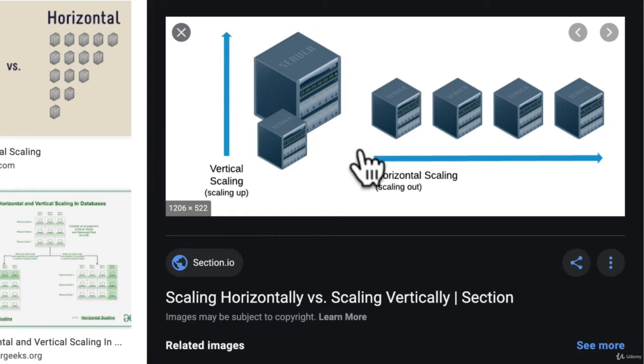For horizontal scaling, we instead take our server, and it doesn't have to be super fast or big, but we grow or scale our application to handle more requests more quickly by adding more servers, or in the case of our cluster, more node processes. That's horizontal scaling and load balancing in a nutshell.